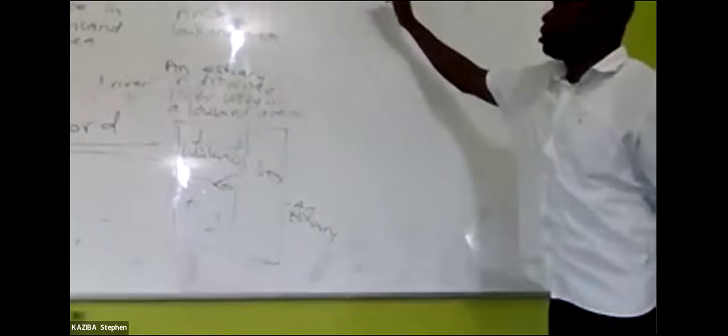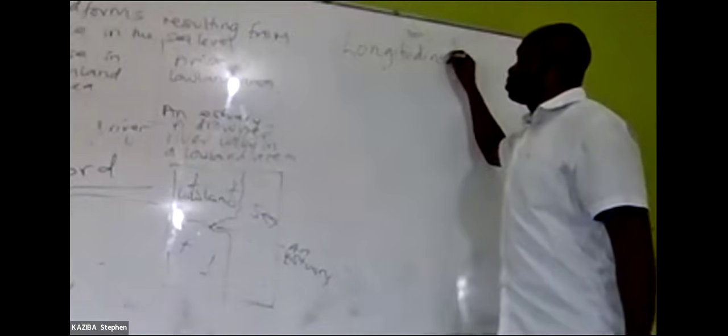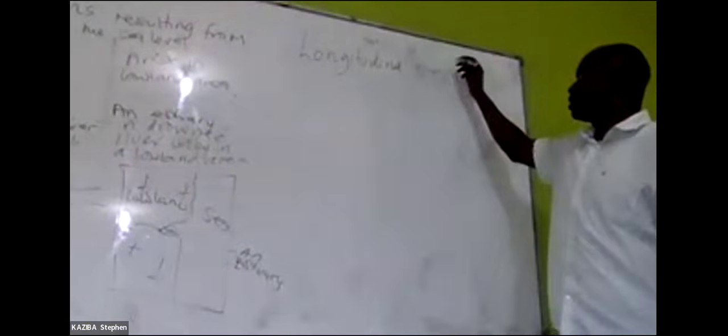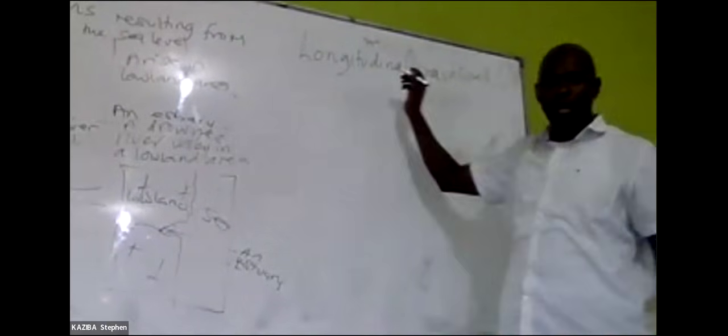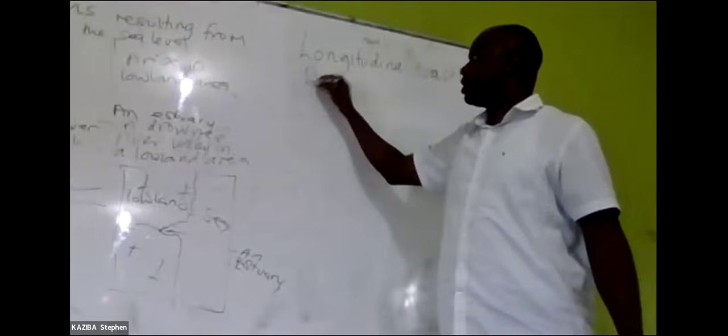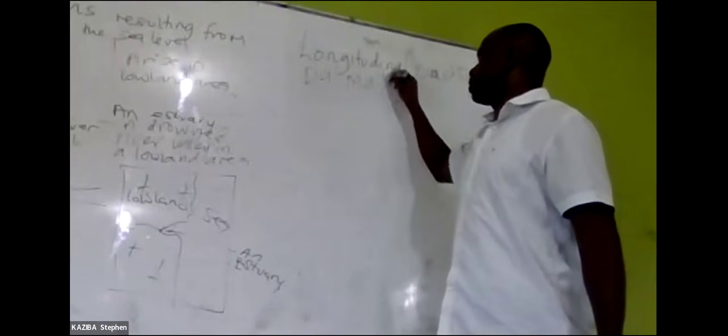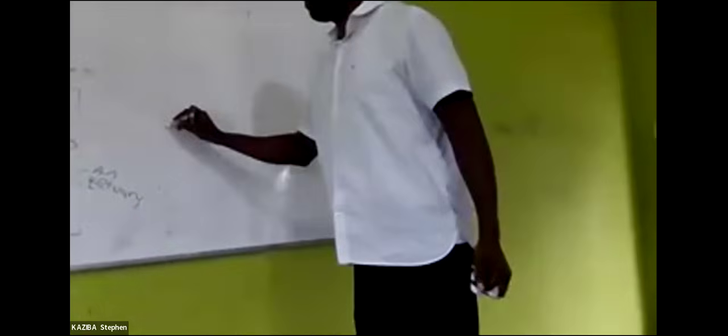So we have what we call longitudinal coastline. They're also called Dalmatian coasts. Now here we have a coast in this format. You have this as your lake.